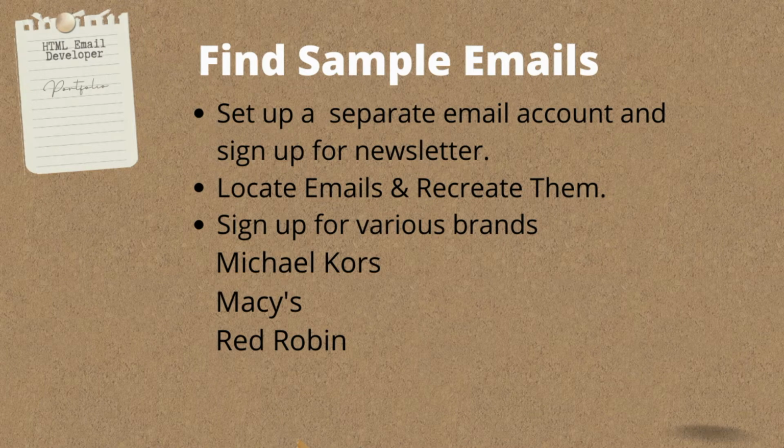For example, I've been signed up with Red Robin for years. I get their birthday coupons. You get a free burger on your birthday. So I went in there and recreated that whole HTML. I switched it up a bit. It was more of a birthday coupon or something of that nature, and I ended up making it a slightly different template.